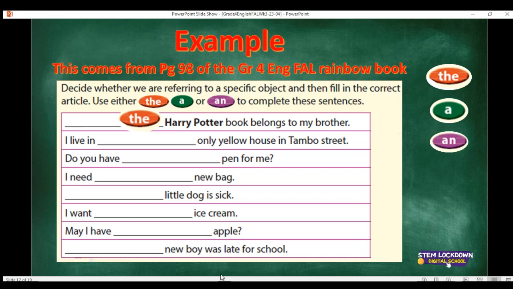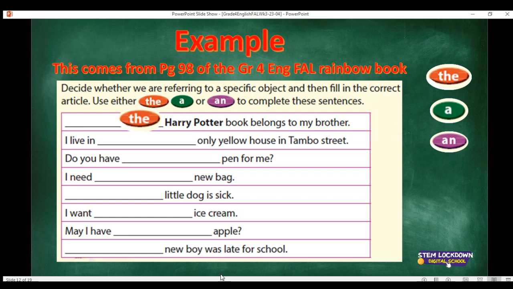I live in only yellow house in Tambo Street. So am I going to say I live in an only house, or I live in a only yellow house, or I live in the only yellow house?